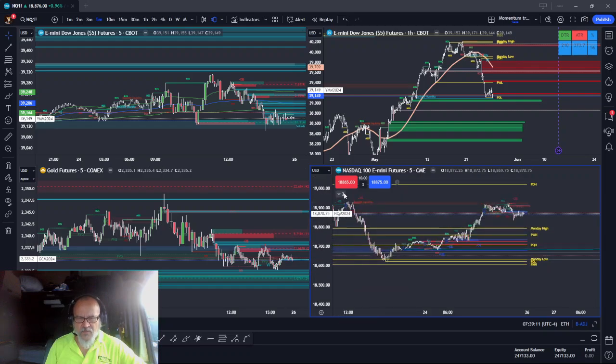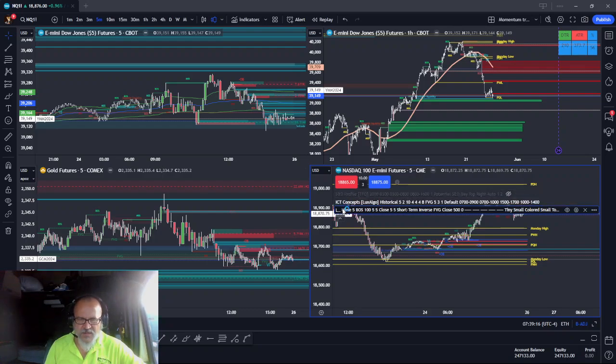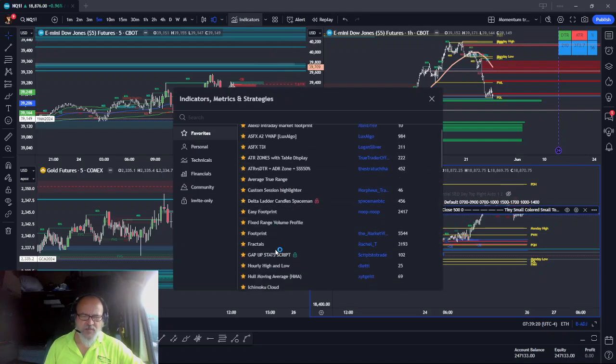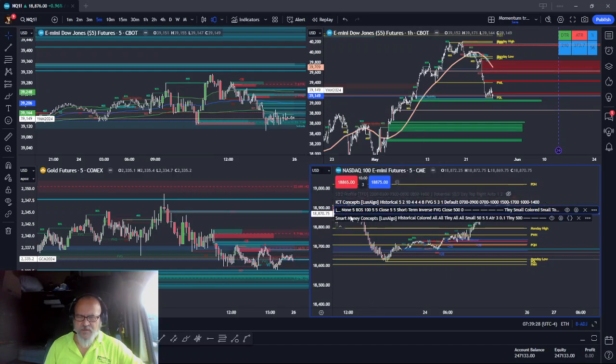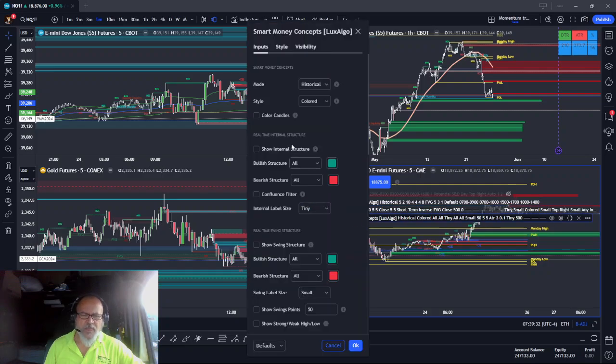And then we need to go to smart money. Do I have smart money on here? I do not. So we need to put smart money on here. And smart money concepts is a free indicator from LuxAlgo. So that one can be used. And for this one, historical, we don't need market structure because we have that on price action.